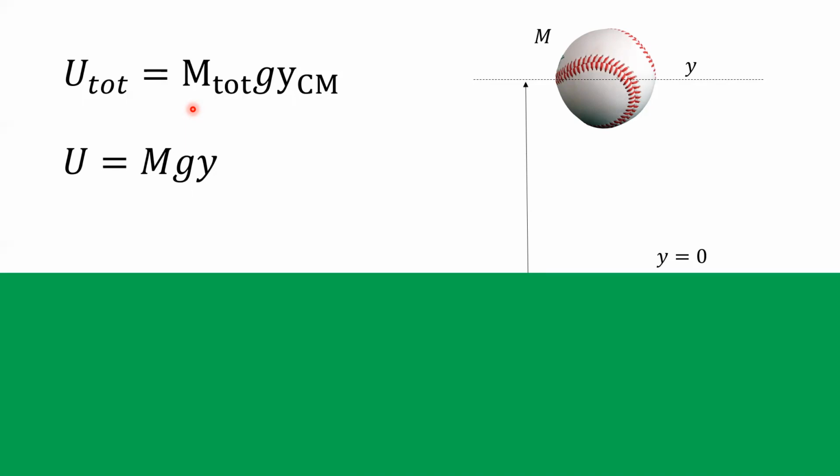So you've actually been using this the whole time. Every time you used mgy, you were using the mass of the entire cat, not the mass of just the cat's foot or one atom in one cell of the cat. And the y coordinate that you used by assumption or implicitly was the y coordinate of the center of mass. So I guess what we've really done is just prove that it's valid to do that. And that's all I have to say on the matter.